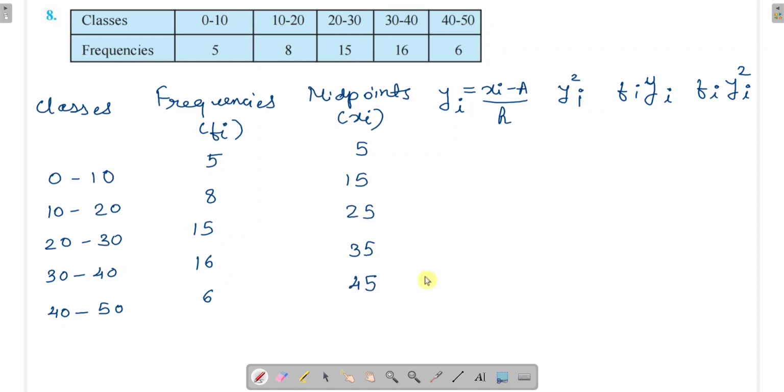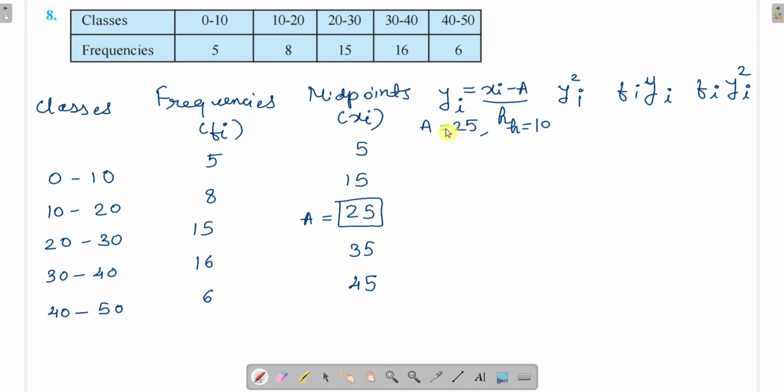Then we have to take the assumed mean here. The assumed mean will be the value in the middle of the observations, that is nothing but 25. So assumed mean is 25, h is the common factor, that is 10.